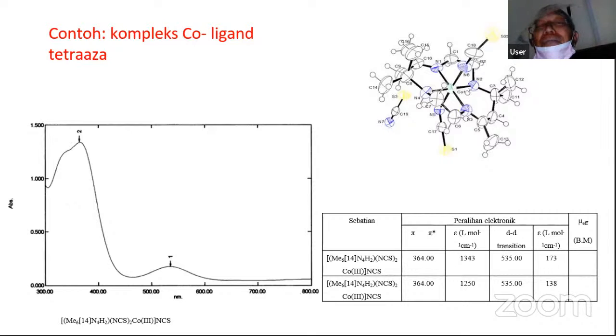So in this study, my PhD student tried to use a cyclic ligand. You can see this is a cyclic ligand. The ligand itself forms four bonds at the equatorial position, and another two are formed at the axial position.